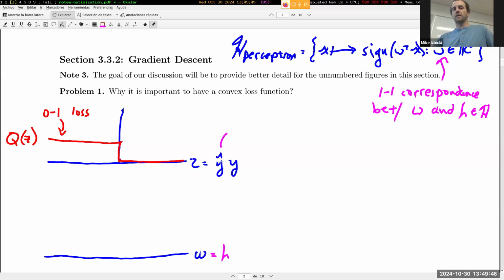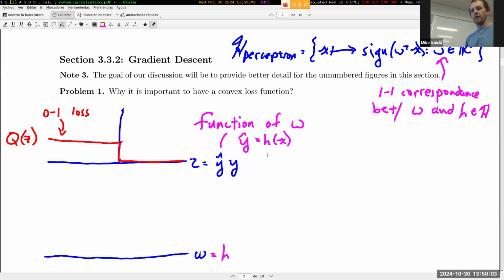It depends on w. y hat is a function of w, because y hat equals h of x. And again, h and w are somehow synonyms of each other.